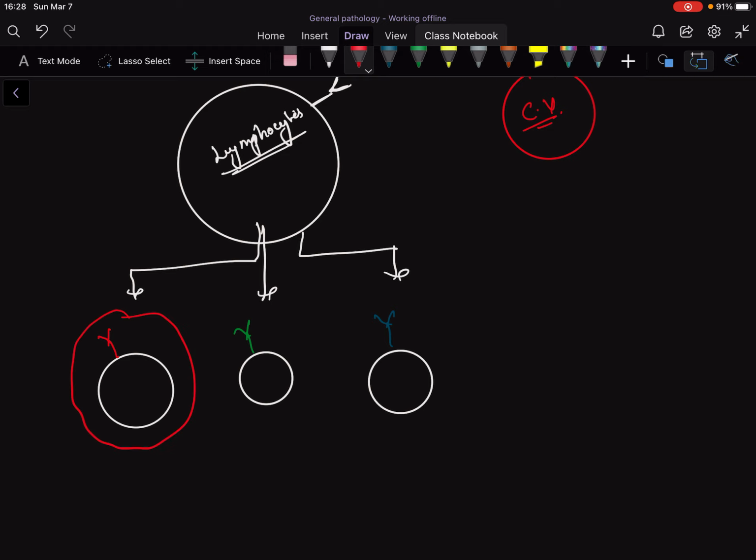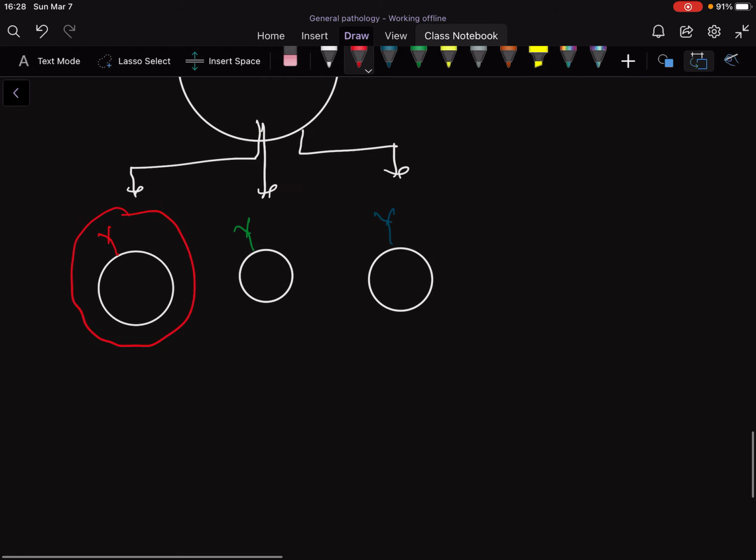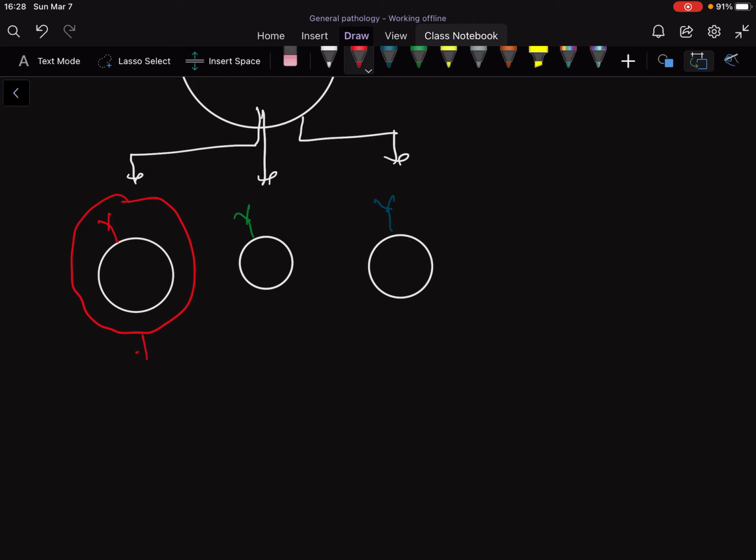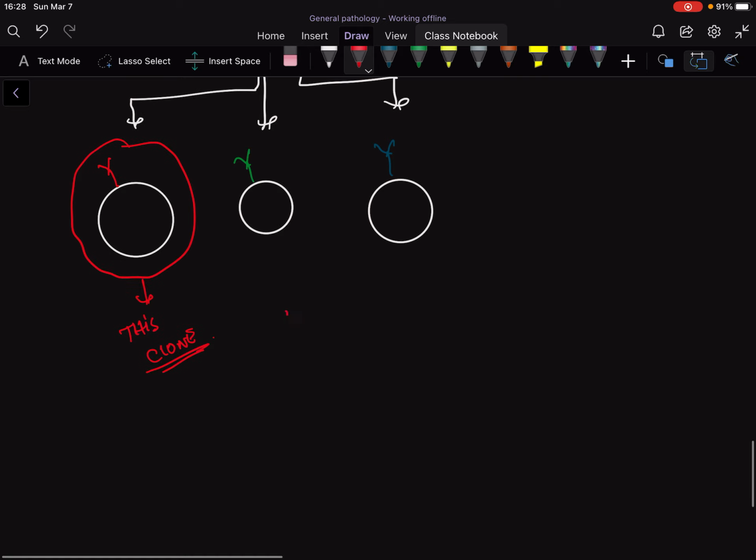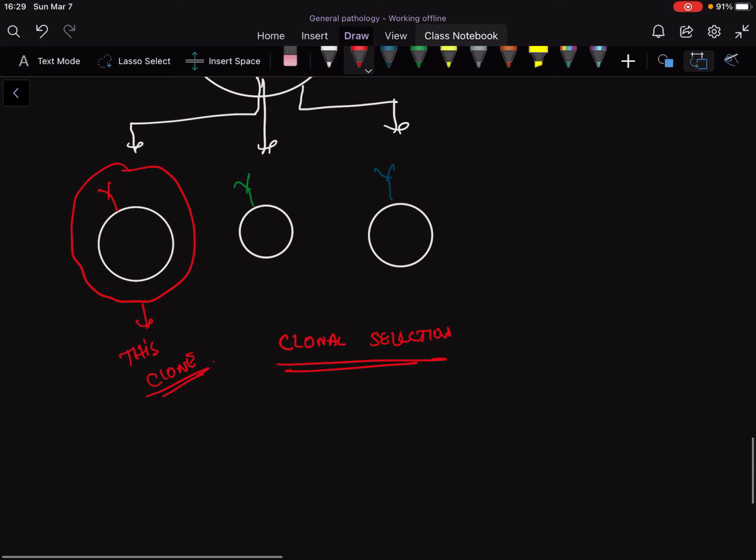So what will the body do? The body will activate this clone. This is the clone here, and this is called clonal selection. Among these three clones present here, we want a lymphocyte which has red type of receptors and which can attack the coronavirus.